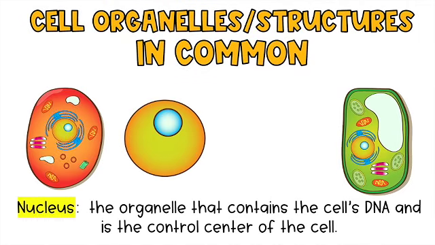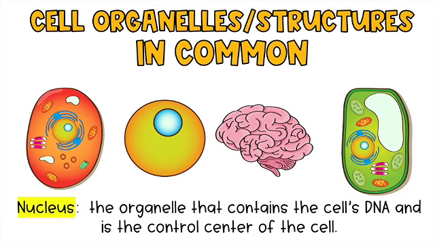The next organelle is the nucleus. The nucleus contains the cell's DNA, which is deoxyribonucleic acid. The DNA has the instructions for everything about that organism, and it's the control center of the cell. We often equate the nucleus to the brain of the cell.